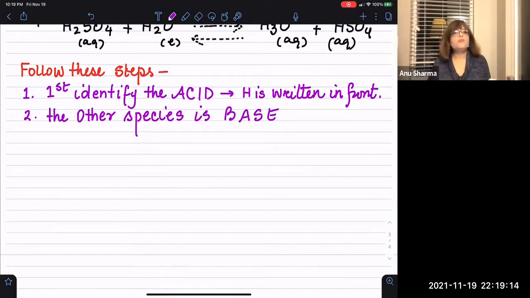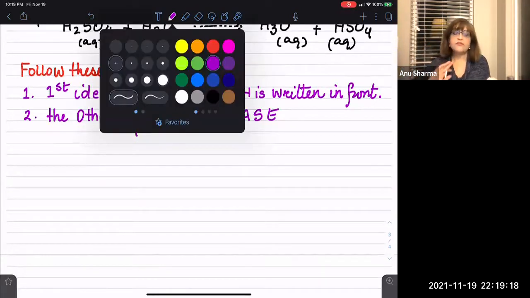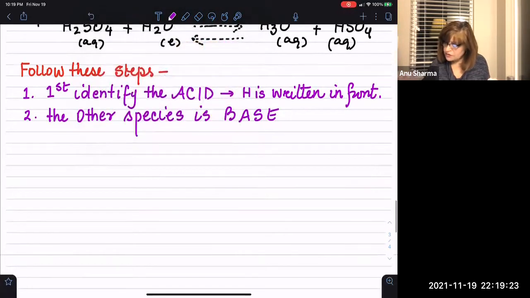Base can be hard to interpret because it has a negative charge and sometimes it has a hydrogen and can still act as a base. So it's easy to identify the acid, and then whatever it's reacting with is the base.